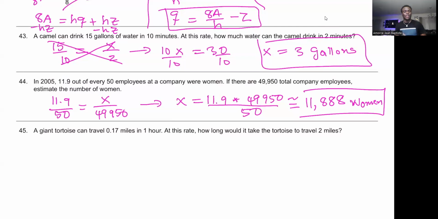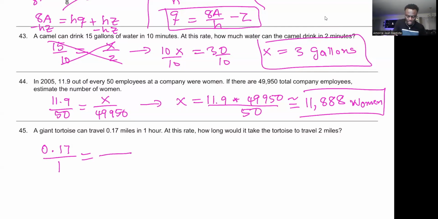And then last problem, a giant tortoise can travel 0.17 miles in 1 hour. So 0.17 in 1 hour. And it says, at this rate, how long?